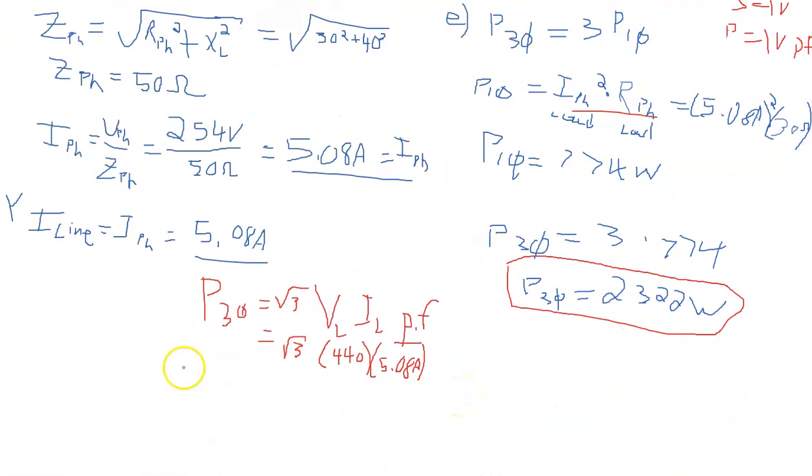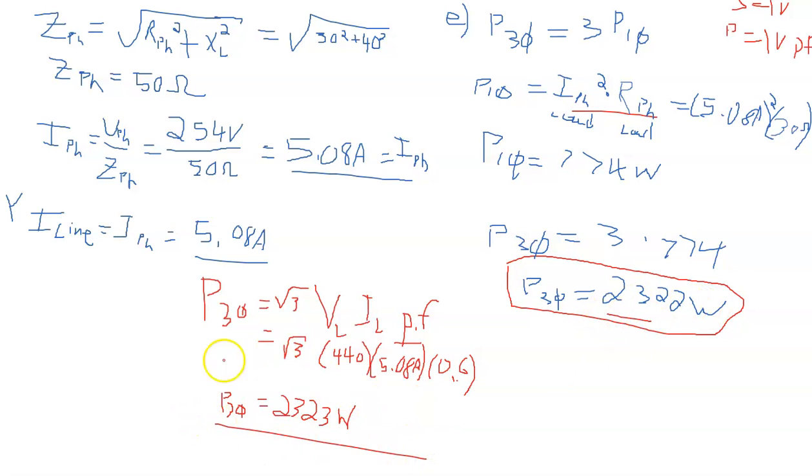And so now if we go back down to our power equation, 0.6 goes in here for the power factor. And if you work that number out, you come up with P3 phase equal to 2,300, and rounding here gives you 2,322 watts, which is basically the same number that we had here.